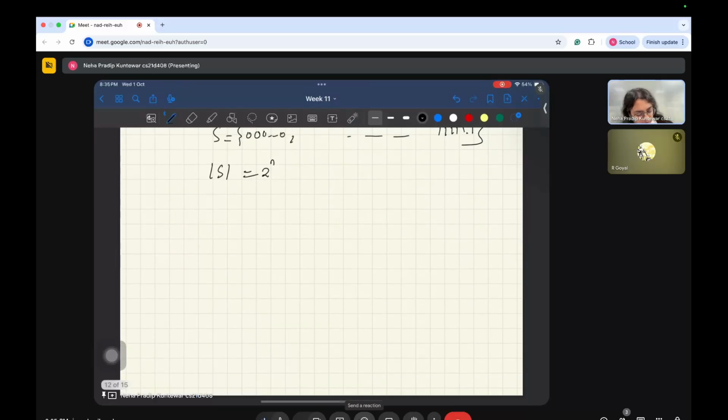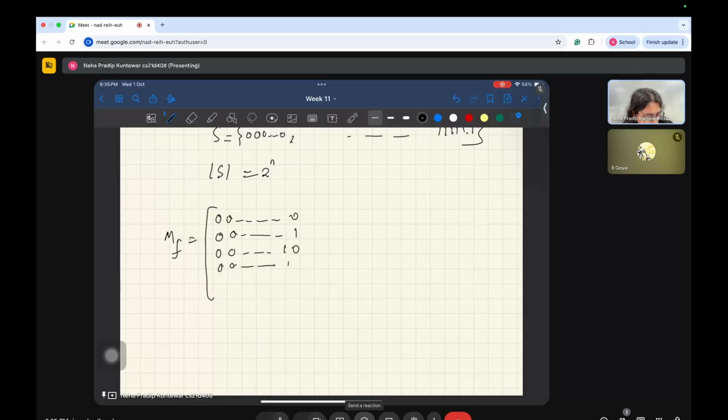if I look at this matrix, it is going to be some permutation of all the strings, all the way up to all ones. Maybe this row appears somewhere else and so on, it need not be ordered, but it is going to contain all of this.